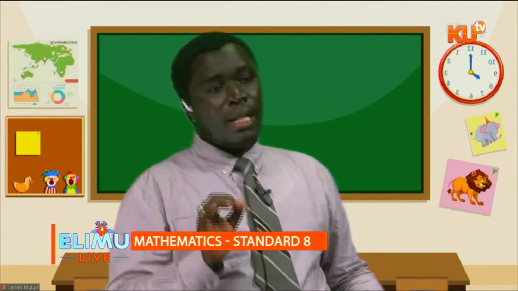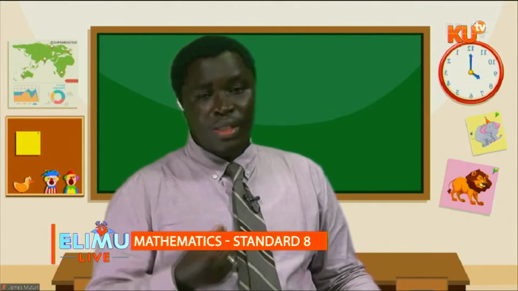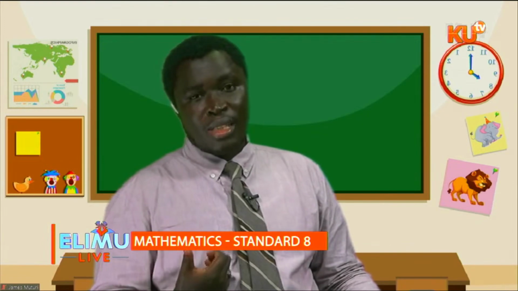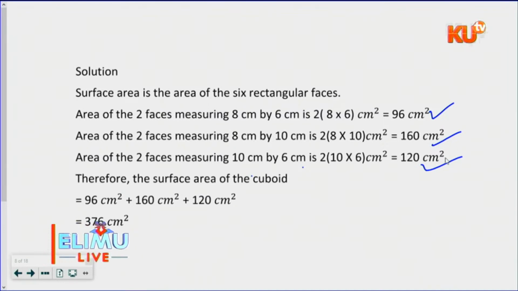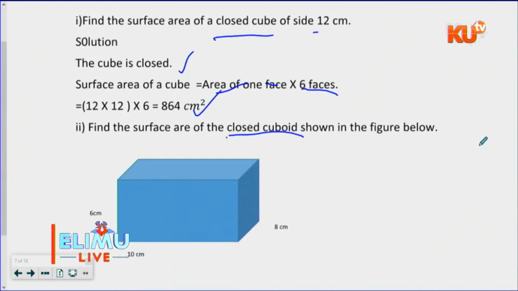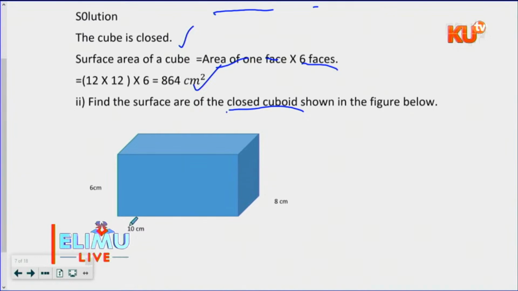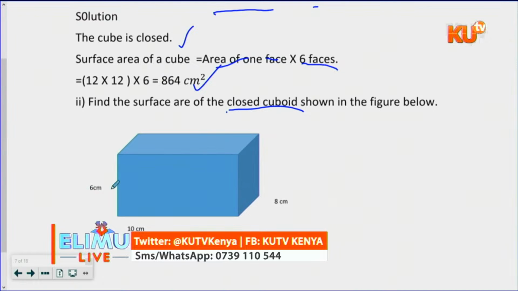This one is according to the formulas that we have of our cuboid. Let's look at the cuboid first of all. This is the cuboid. This is the one measuring length, and this one is for width, which is 6, and this one is for height, which is also given here as 8.